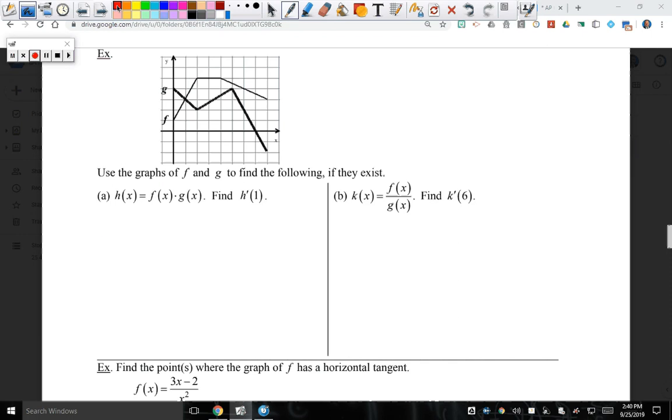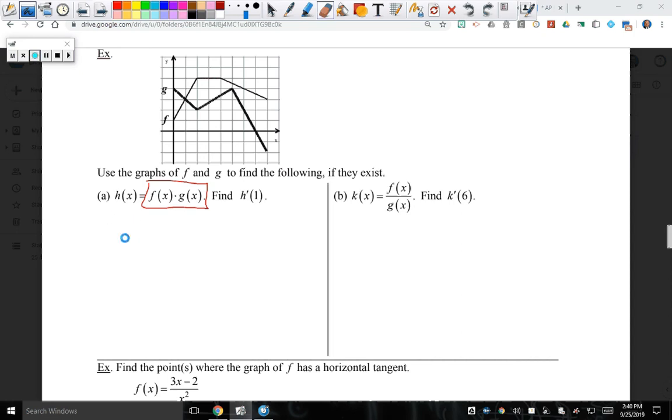Alec, what's h prime of x equal to? If this is h of x, first of all, let me ask you this. From the shortcut rules that we've learned so far, what are we about to do? Product rule. Okay, so talk us through this.